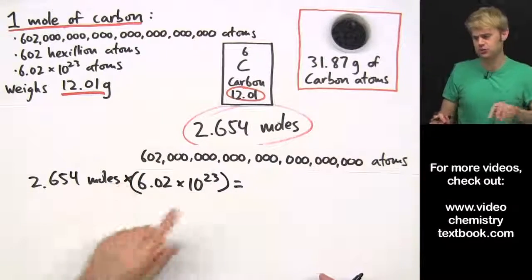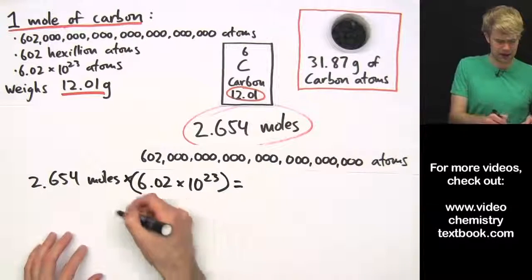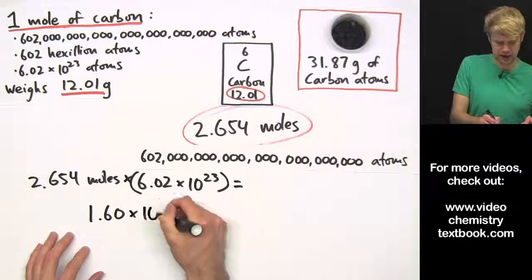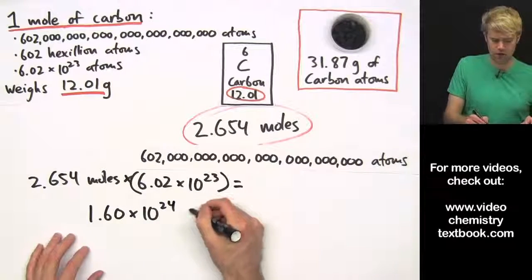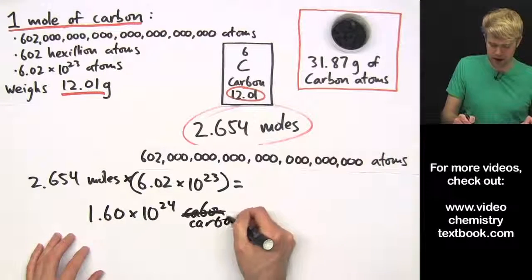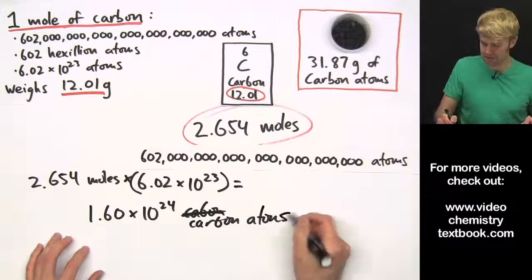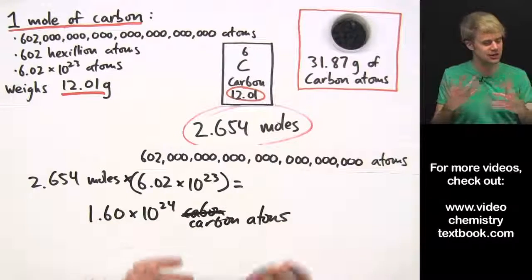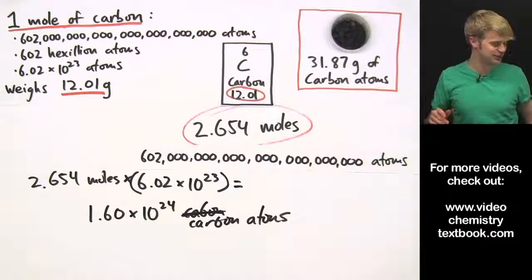When I do this, I can just plug it into a calculator. I'm going to get 1.60 times 10 to the 24th carbon atoms. Oh, I forgot the R. Carbon atoms. There we go. And now, again, sometimes when you see things in scientific notation, it can be a little bit scary, a little bit tricky.